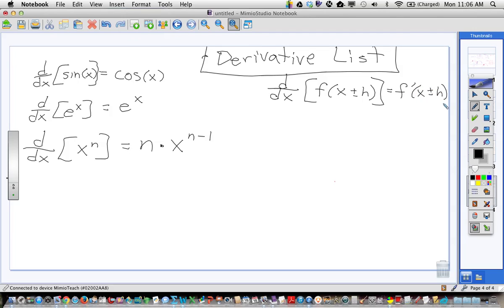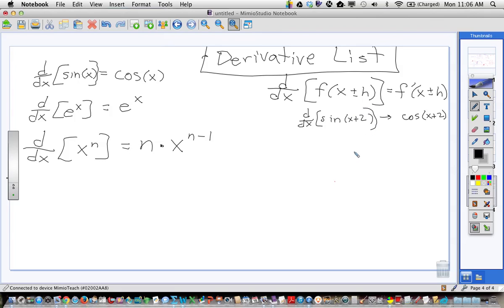Remember that? Like, for an example, let's do an example right below that. So if I had sine of x plus 2, the derivative of that is cosine of x plus 2. Right? That's just my example.